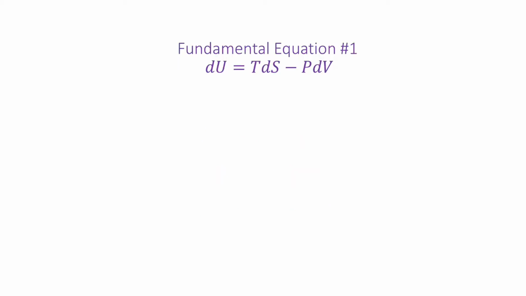Okay, so we're going to start with fundamental equation number 1, which is dU equals T dS minus P dV. We're just going to see where that expression comes from, and we're going to start with our first law of thermodynamics, which hopefully you recall is U equals Q plus W. U equals heat plus work.